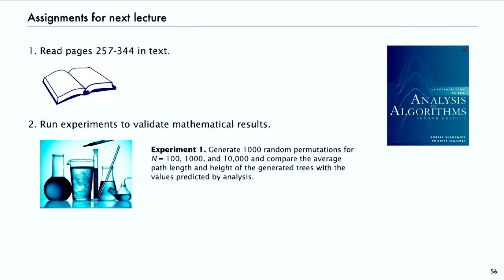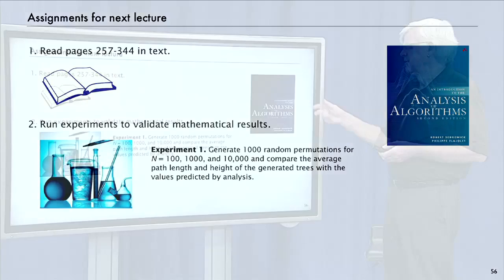Another thing that some people might want to do is to run some experiments to validate the mathematical results we've talked about. For example, generate some random permutations and build binary search trees and look at the average that you get and check that it's 2n natural log n. It's always worthwhile to do that.